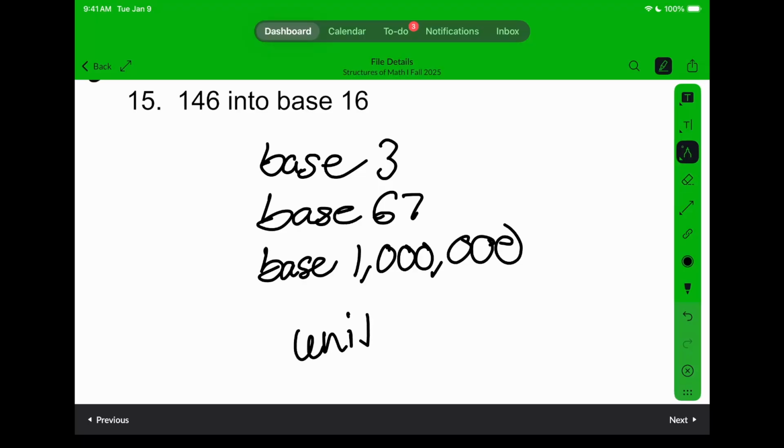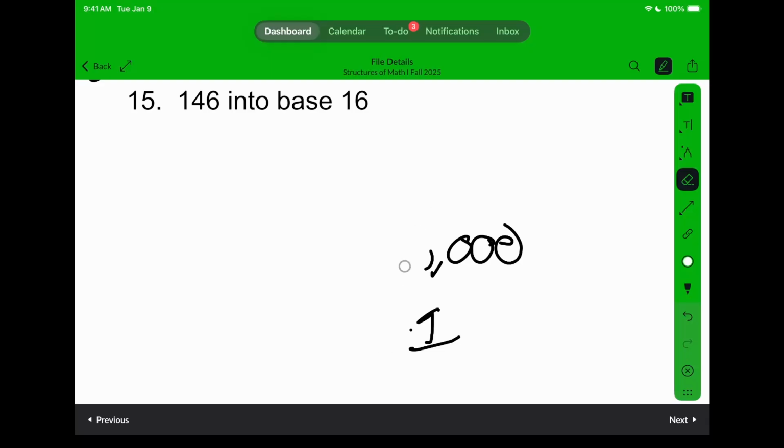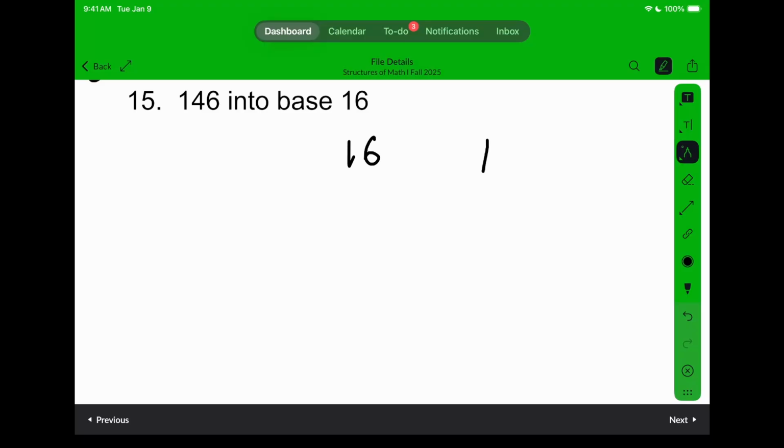Your unit is always going to equal 1. So base 16 is going to be no different. Our unit's going to be 1. Then a long is going to be 16 units. And then a flat is going to be 16 longs, or 256 units.